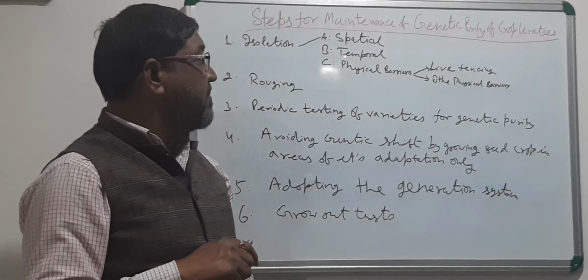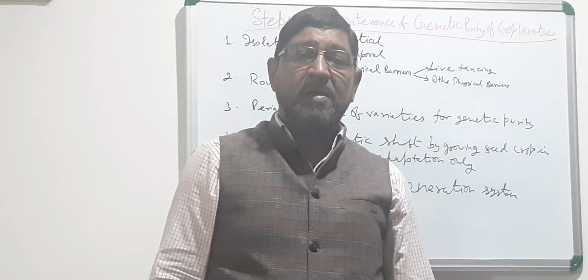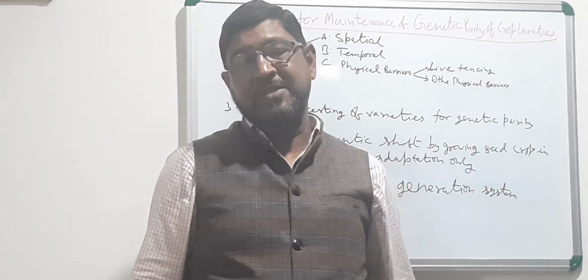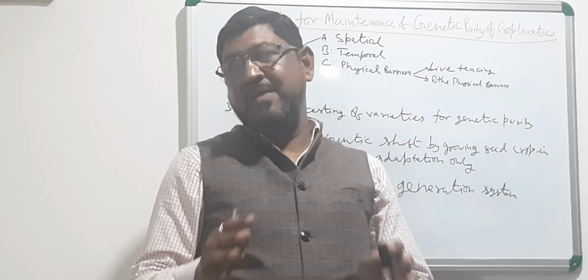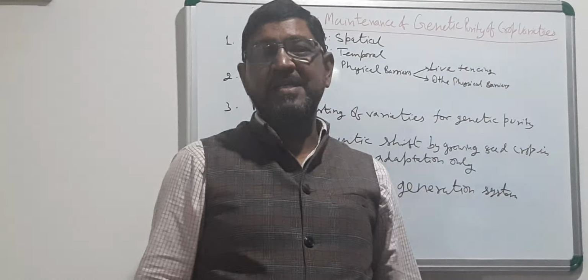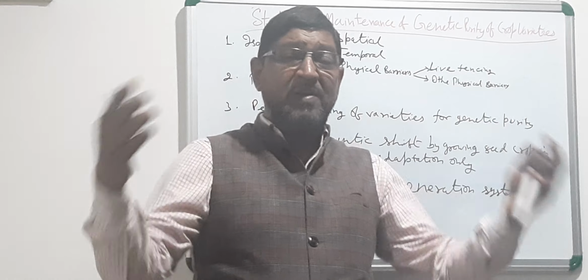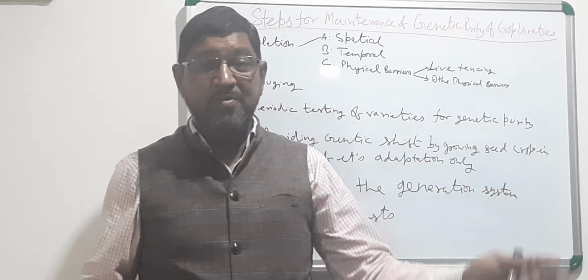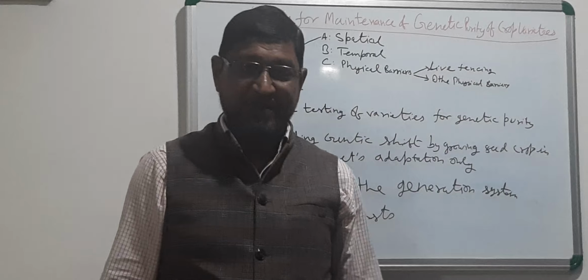Then comes the temporal, the time isolation. If you are unable to meet the criteria of isolation distance because other farmers are growing crops and your field is in such a position that you cannot make the distance, then you go for time isolation.